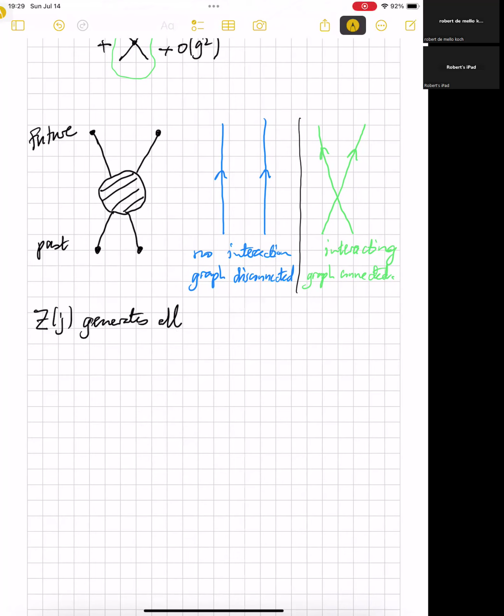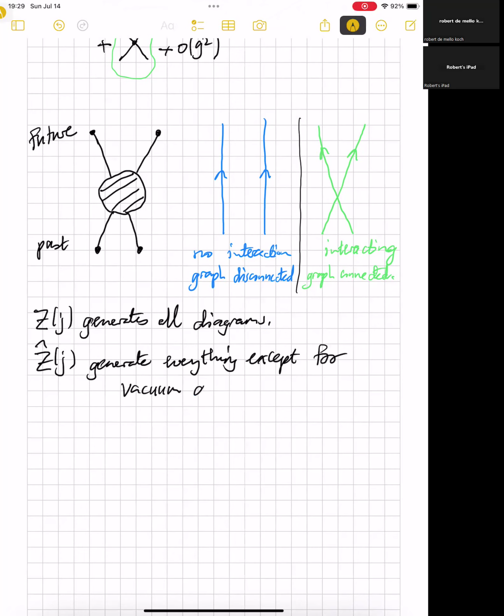It generates all of the diagrams. We know that Z hat of J generates everything except for vacuum diagrams. So Z hat of J doesn't include the vacuum diagrams.